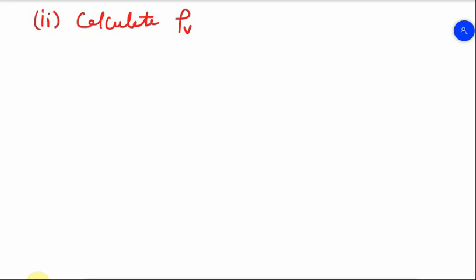If we have to calculate rho V, if you remember the relation from Gauss law, that is the first Maxwell equation, rho V equals del dot D. You must be remembering this equation, and in place of D you will put epsilon naught E. So it will be epsilon naught del dot E. Now what is the del operator?